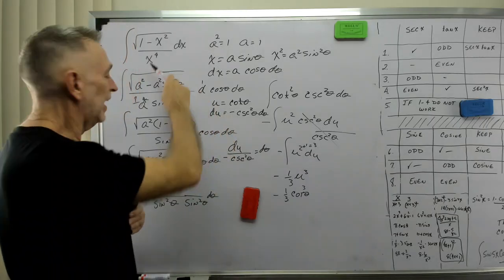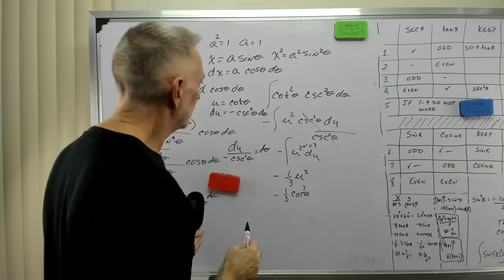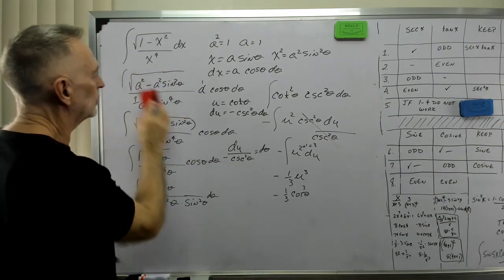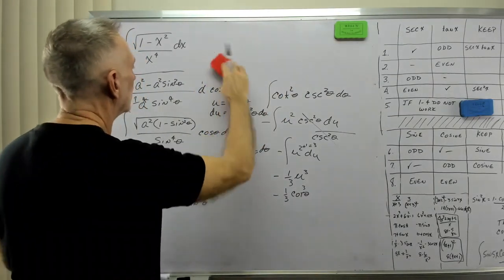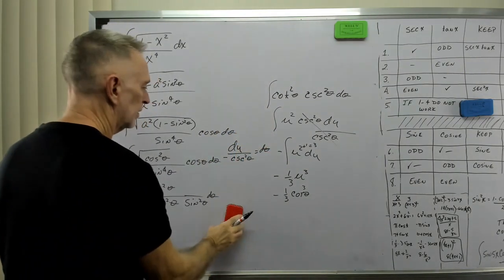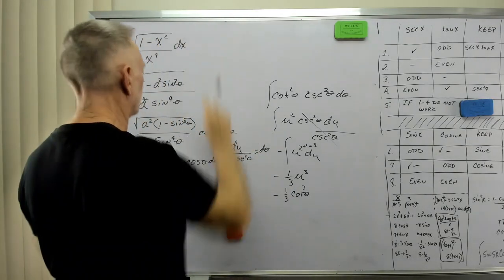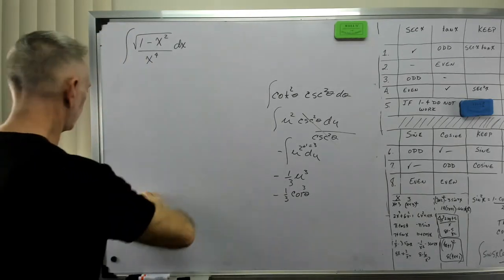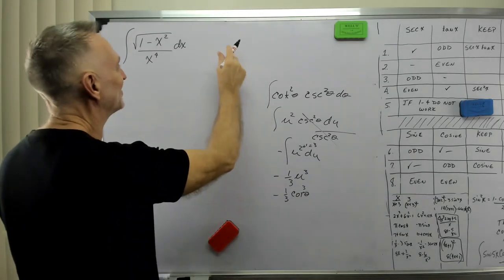Well, we started in the x world, so we need to get back to that point. How do we do that? We may need to clear a spot here. So we have minus 1/3 cotangent cubed theta.